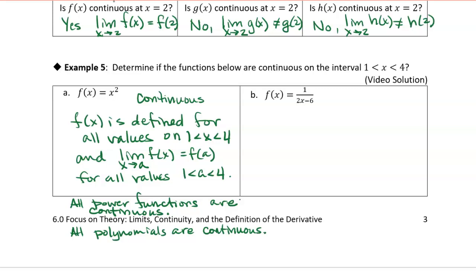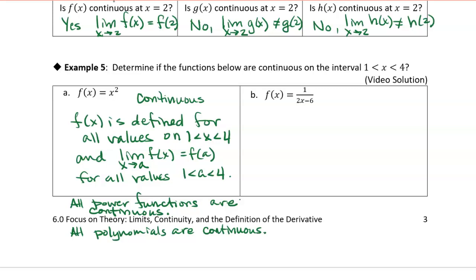If we picked any one of those and tried to sneak up on it from either side, we're going to get the same limit. So the limit exists on either side of any point, and it goes to that same value. So for the most part, for the functions that we know, we just need to know where those functions are not defined.